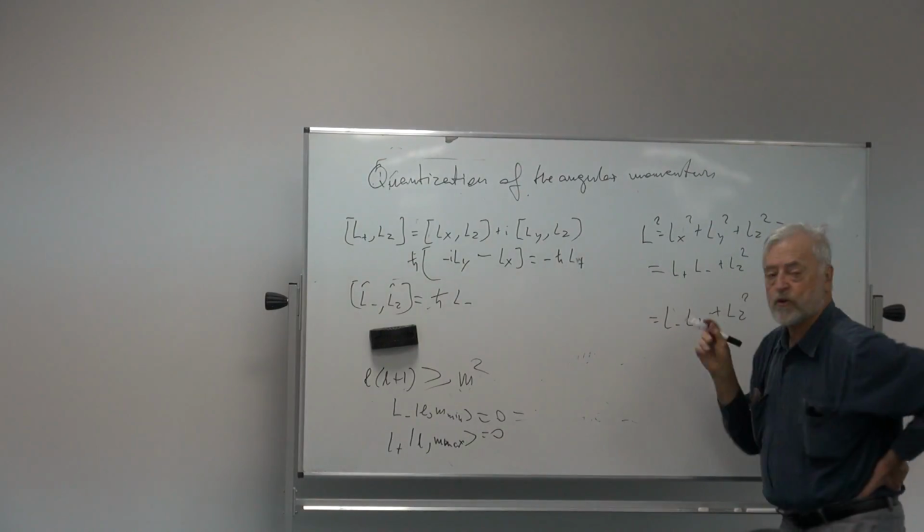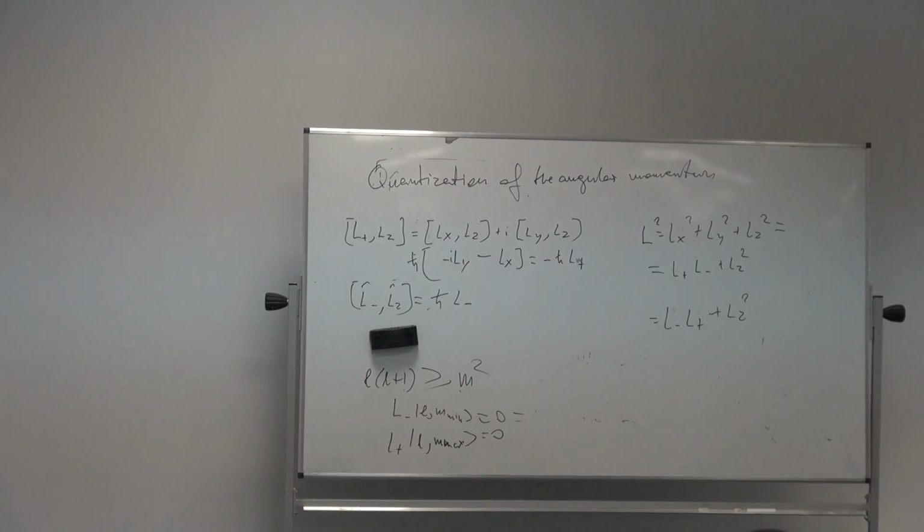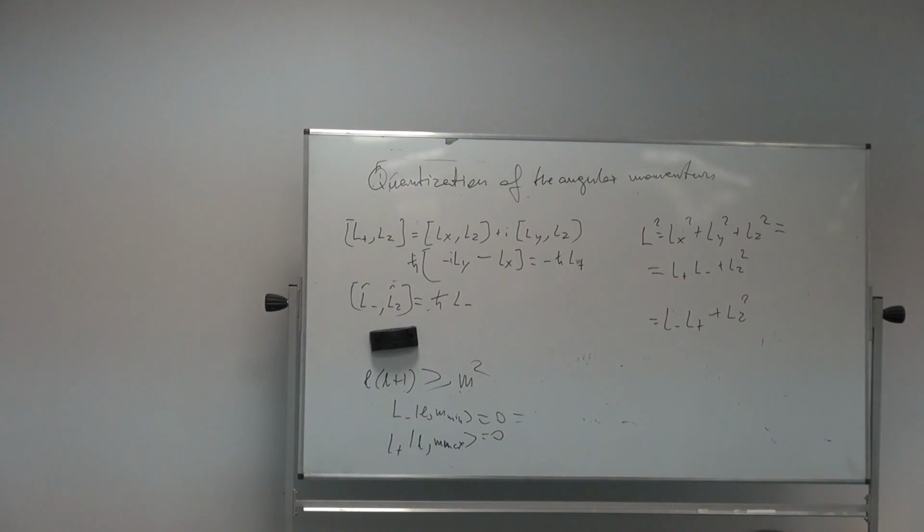But this is of course not true, because when I multiply these, those other two terms are not 0. Instead, they combine into the commutator. And the commutator of Lx and Ly is, of course, i h bar times Lz. So what will pop up is some additional term with Lz in it.